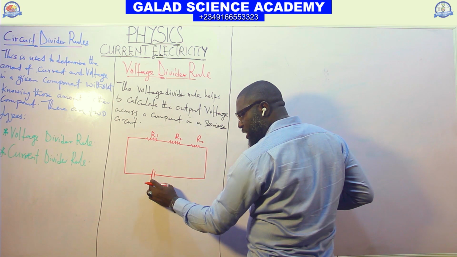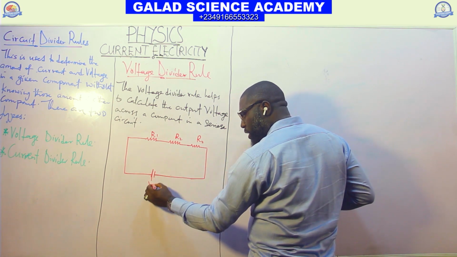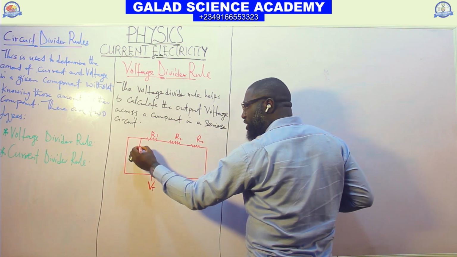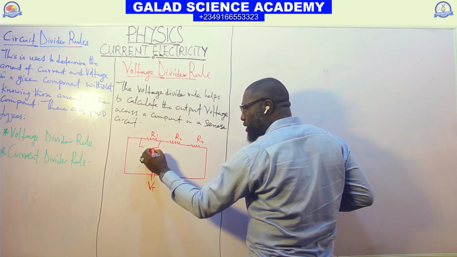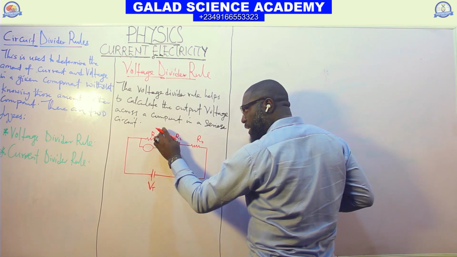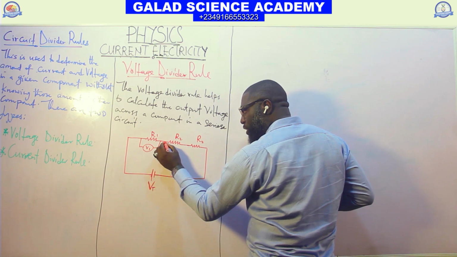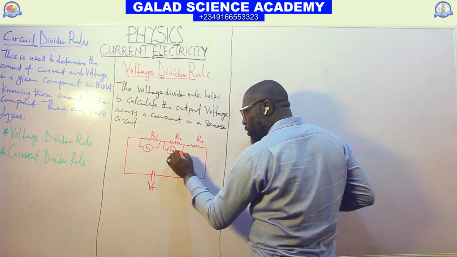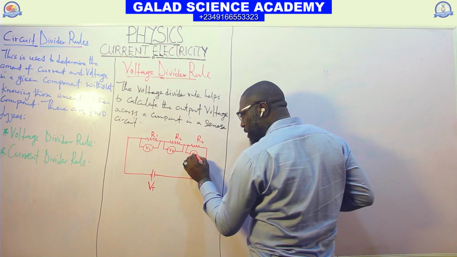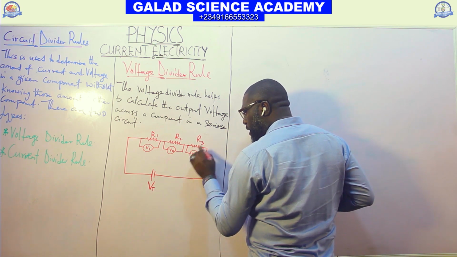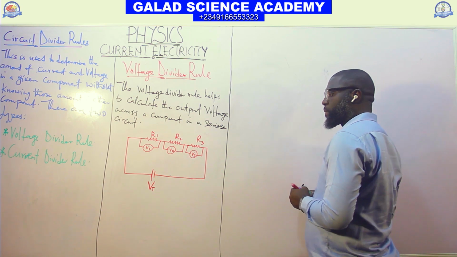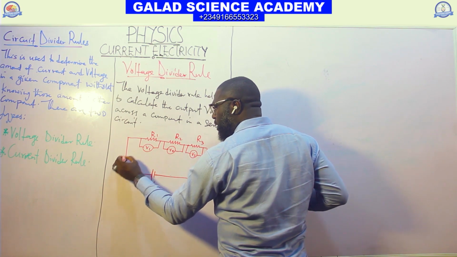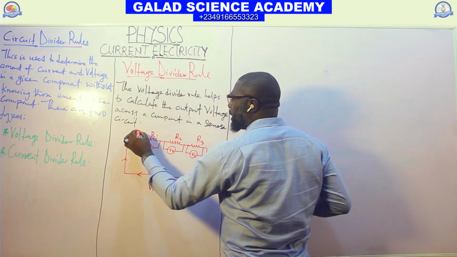The voltage in this circuit is V total. The voltage drop across R1 is V1, across R2 is V2, and across R3 is V3. The same current passes through the three resistors.